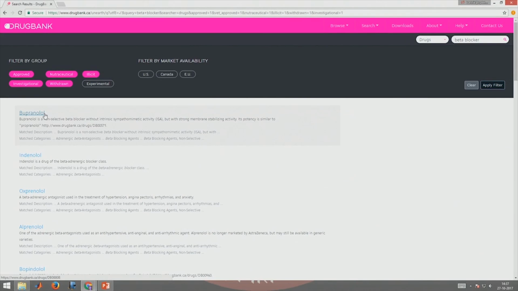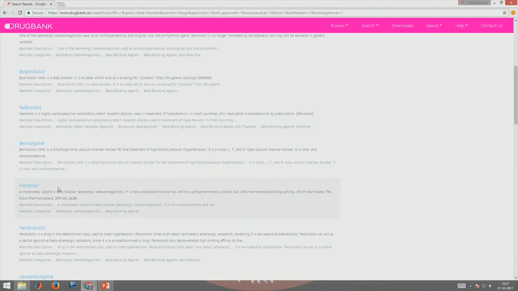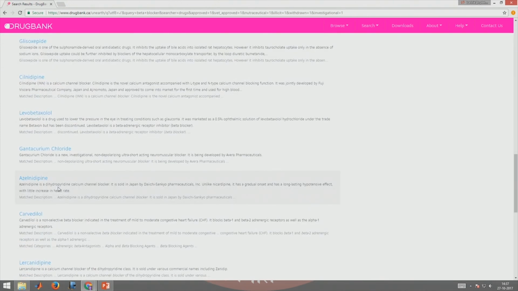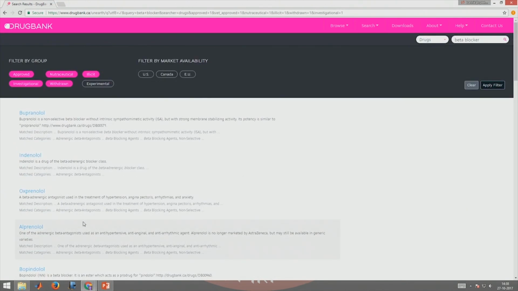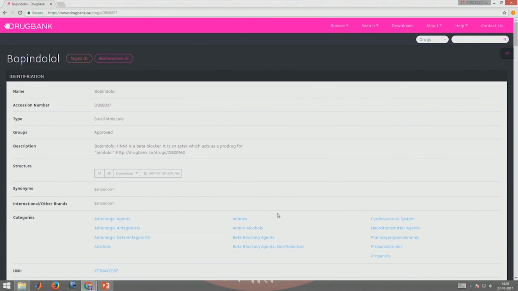There are certain beta adrenergic receptors which are blocked by these types of drugs. So a large number of drugs all end up with this particular title, like buprenorphine, indenolol. So all these drugs come under this category of beta blocker. This is a non-selective beta blocker. So normally this is given for high blood pressure. For example, let me click on one of them. Okay.